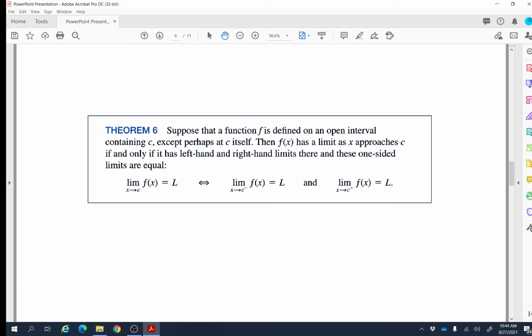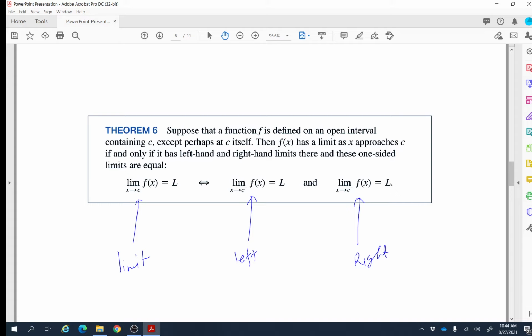So this is the left-hand limit and this is the right-hand limit, and they are called one-sided limits. And we can say the function has a limit. This is just a limit.